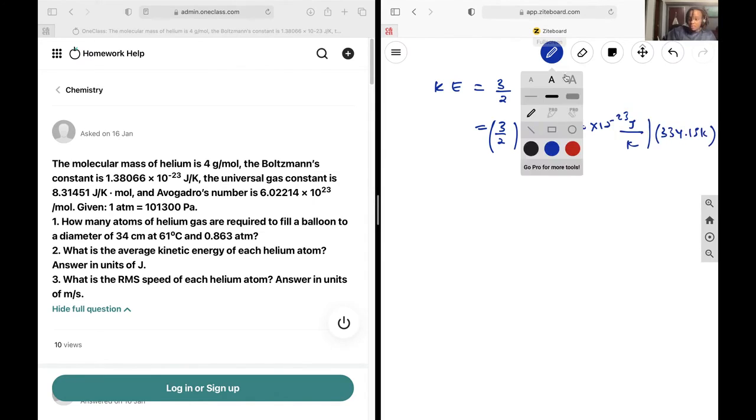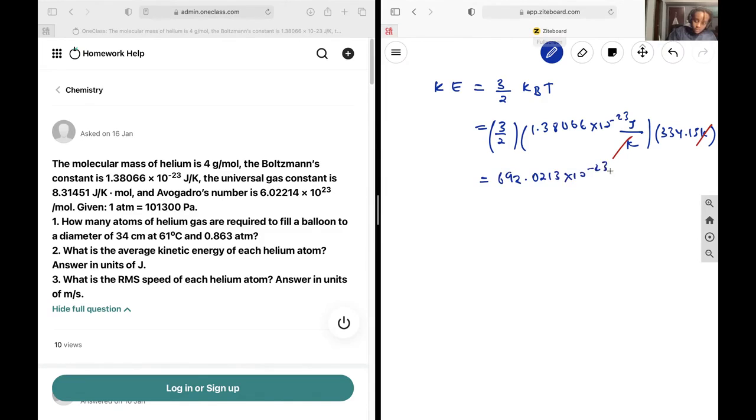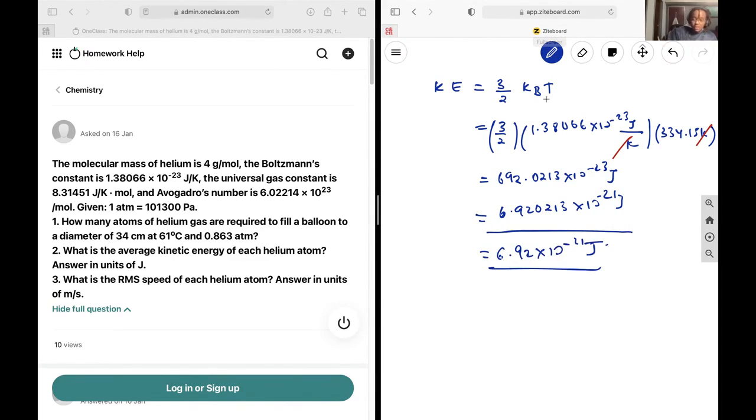Again, ensure unit consistency. Kelvin cancels Kelvin, so this will leave us with joules, and it is going to be 692.0213 by 10 to the negative 23 joules. And then let's just write that in the proper form of 6.920213 by 10 to the negative 21 joules. And that is going to be your final answer. So this is the average kinetic energy.